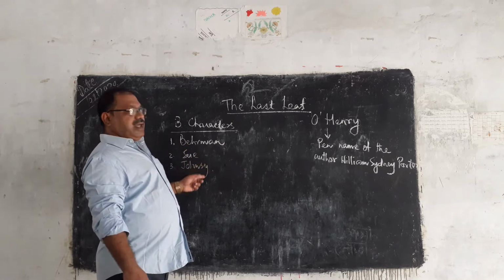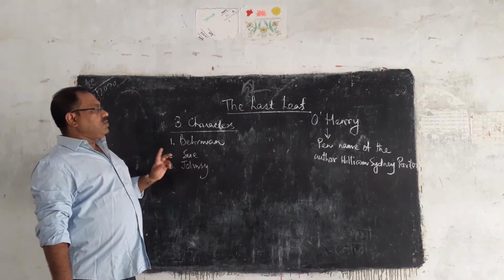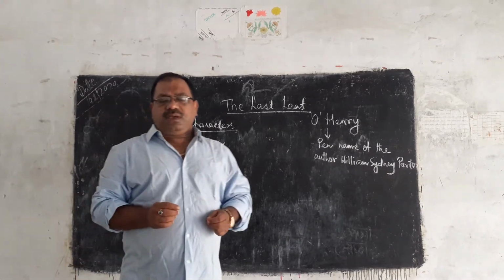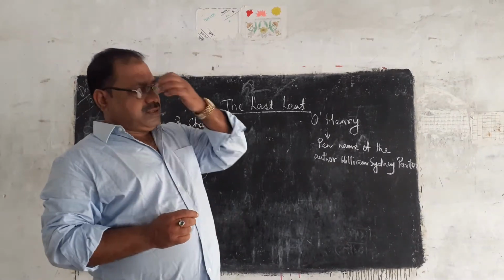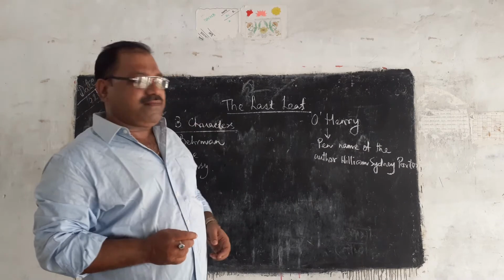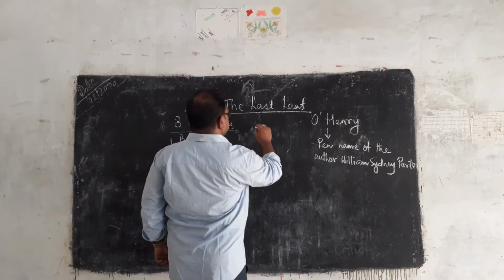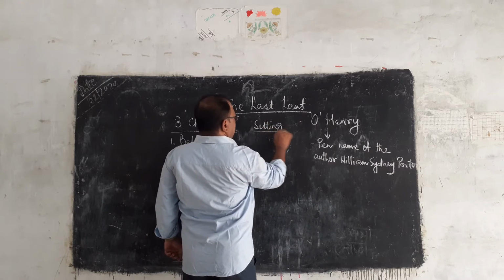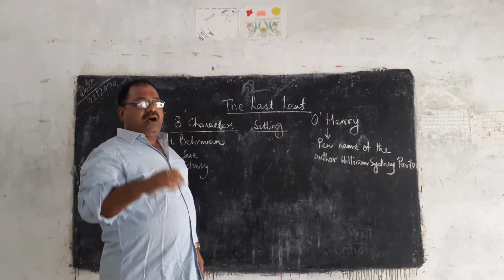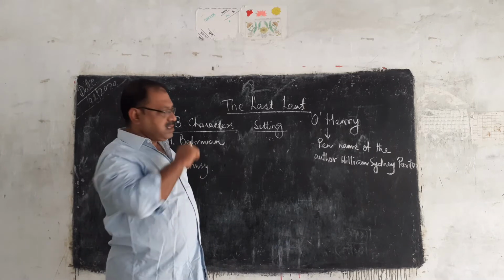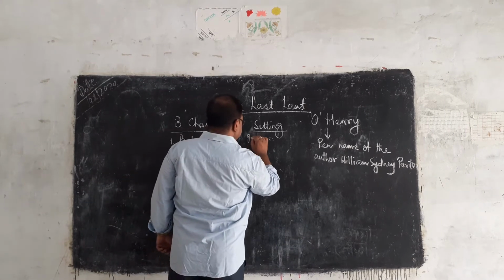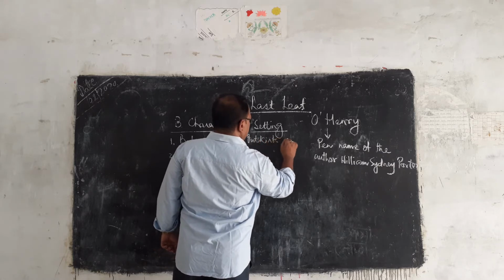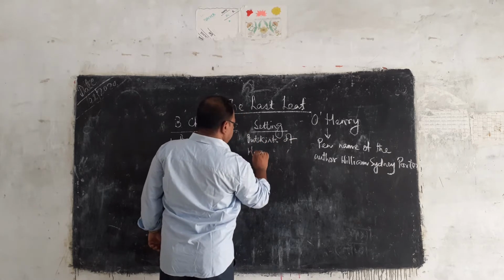These are the three main characters. The setting of the story, after going through the story, we can make out, is on the outskirts of Washington City.